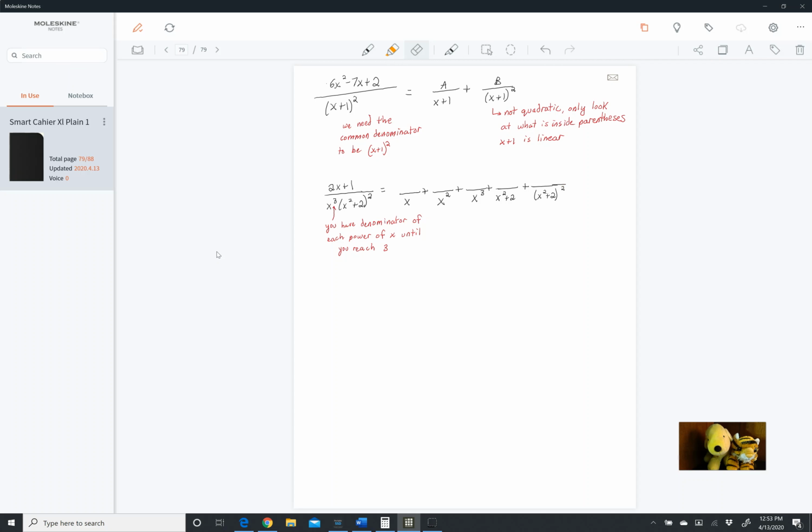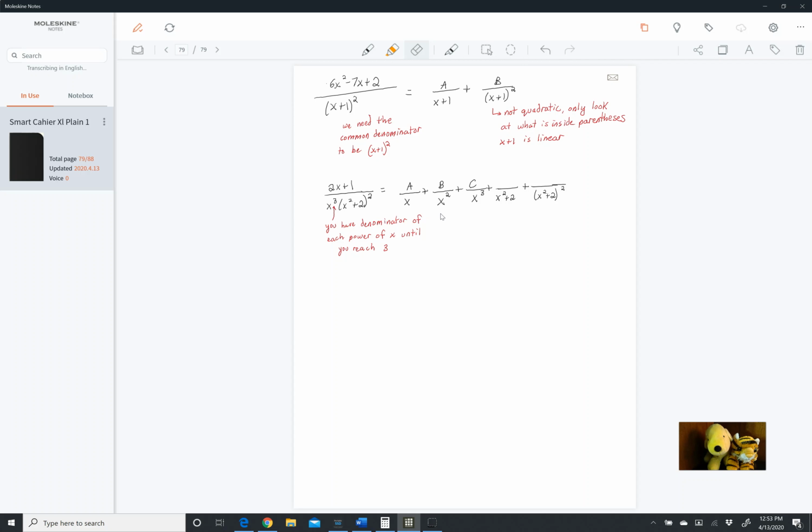So you start at 1 and you keep going up until you reach that power. And then you look inside the parentheses to see, is it linear or quadratic? So x is linear, so it's a. This, think of it as in parentheses, x squared. X is linear, so you have a b. X is linear, so you have a c. Okay? So the only way that you're ever going to have anything potentially quadratic is if you're adding or subtracting to your x to some power. Okay?